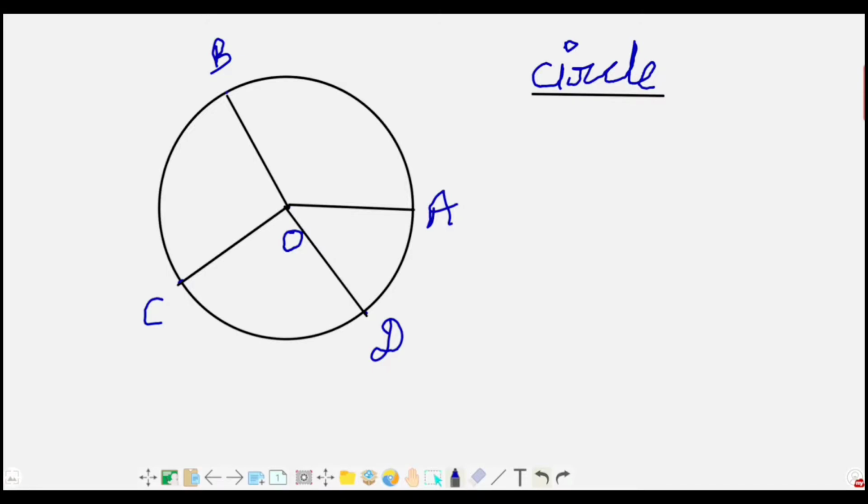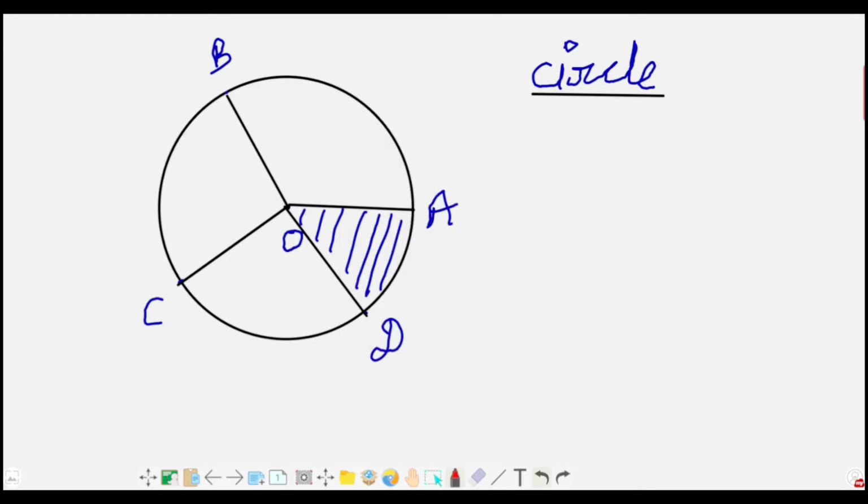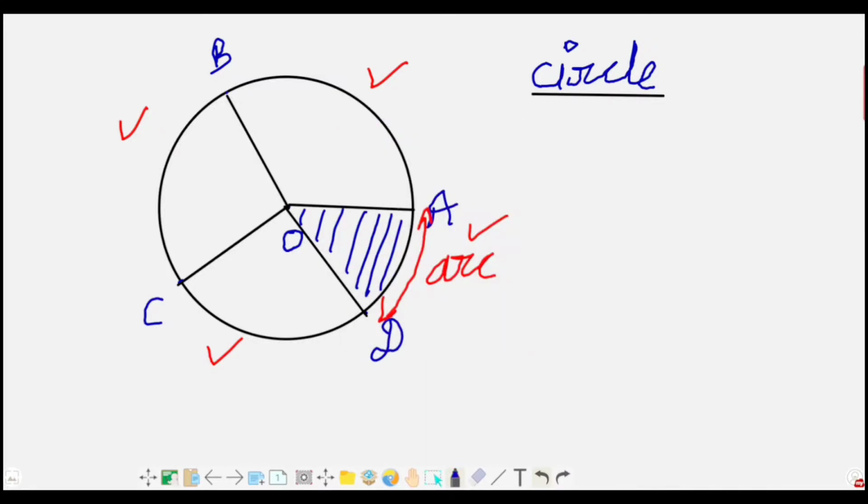When you concentrate on this one part, this is the sector. In that, this circular part is a part of the full circle's circumference only. This part is known as an arc. So there are 1, 2, 3, 4 arcs, and what you have observed is that all these 4 arcs together form a circle.